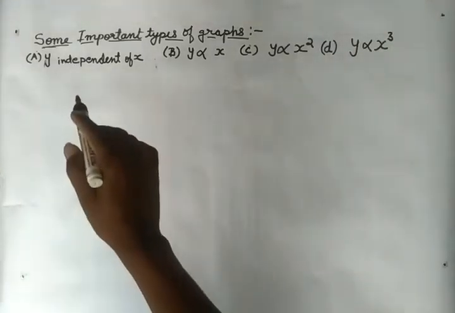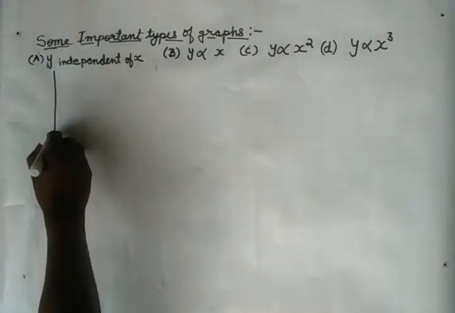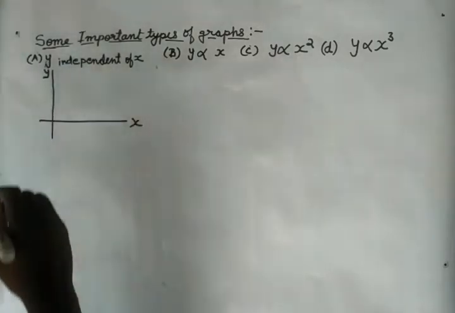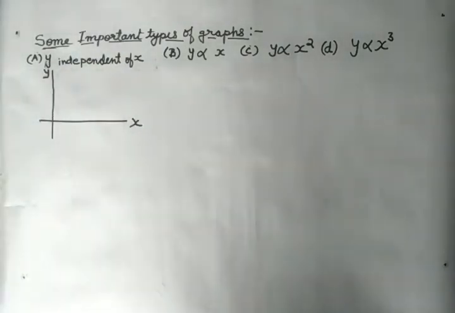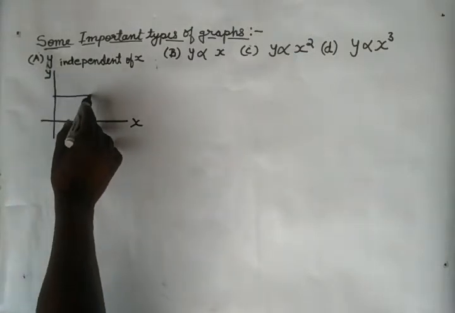Now for an independent graph, if y is independent of x, so whatever be the value of x, y will not change. So if initially it was here, it will remain at this position.